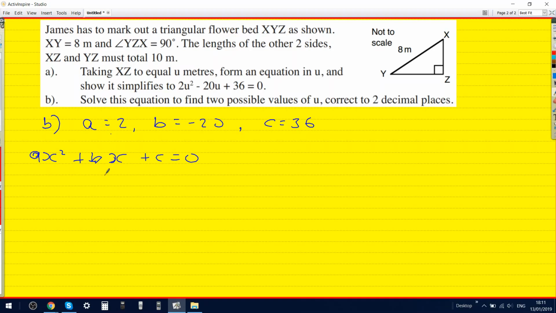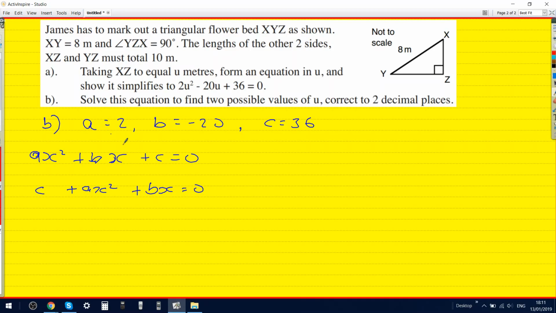So b is the number in front of x, the thing that's just x to the 1. Even if you swapped these around, it's the same thing. a is the number in front of x squared, c is the number with no x, and b is the number in front of x. In this case they're using u. Yeah, I see what I went wrong.